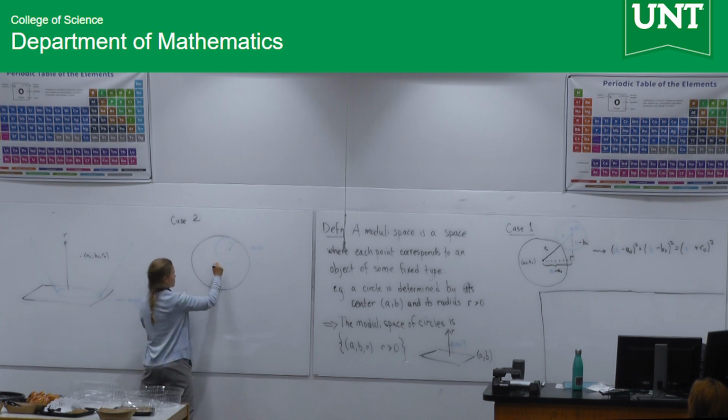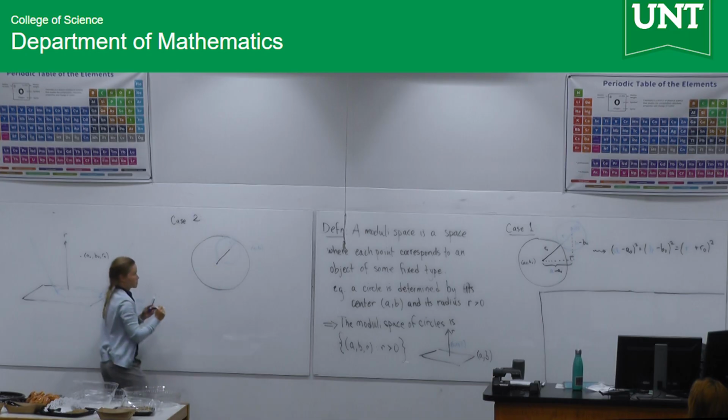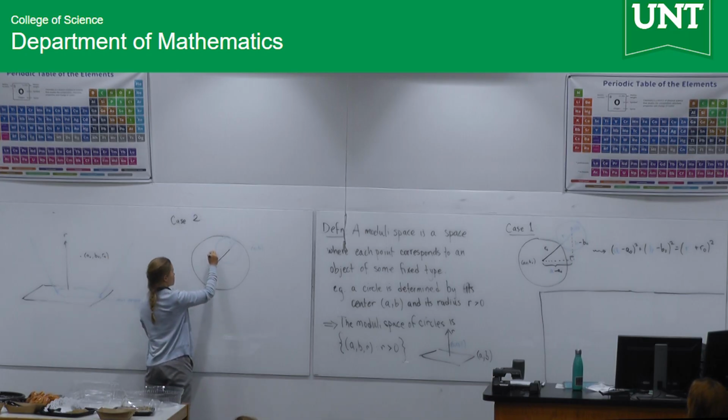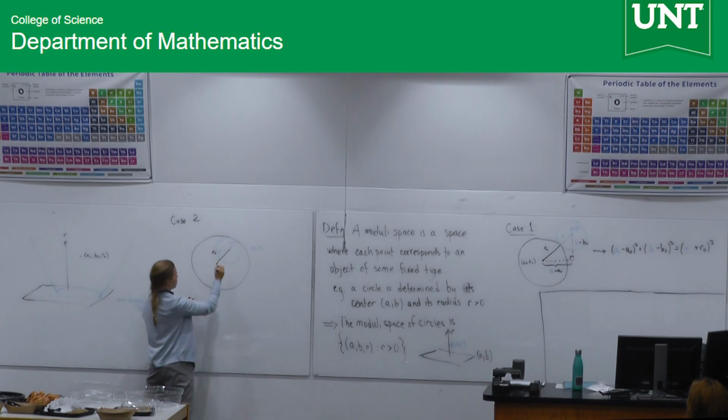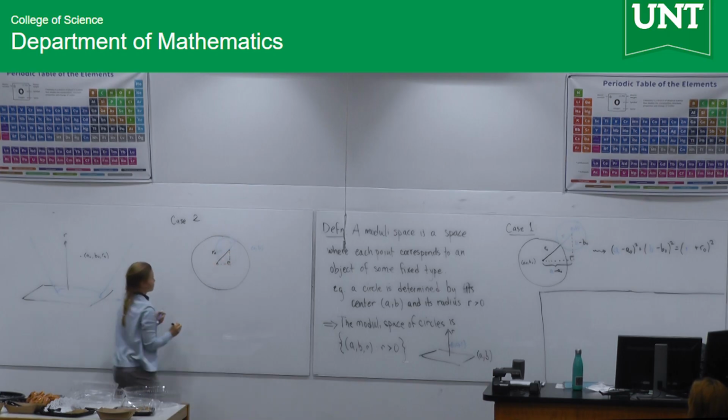So this distance here between their centers, as I've drawn it, is r naught minus r. And now I'm going to draw perpendiculars again, to form this right triangle.